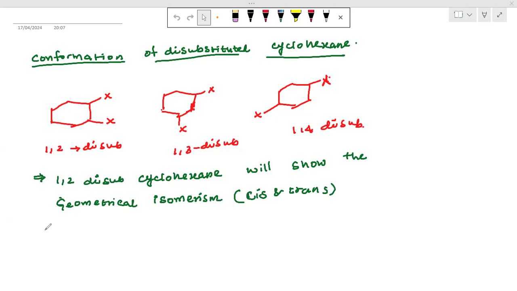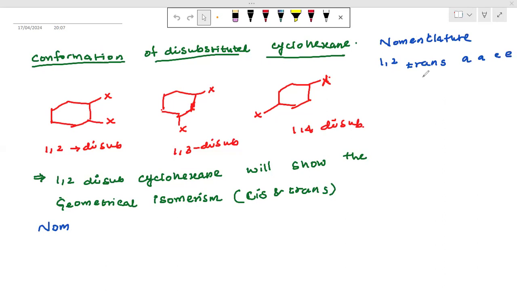Next, the nomenclature of the system. If it is 1,2, cis is present as well as trans. In 1,2 trans, there is a possibility that both substituents are present in the axial, or both are present in the equatorial.